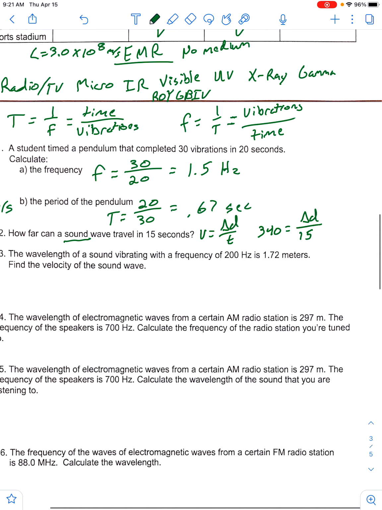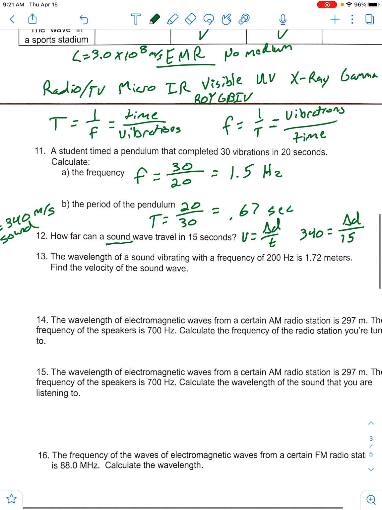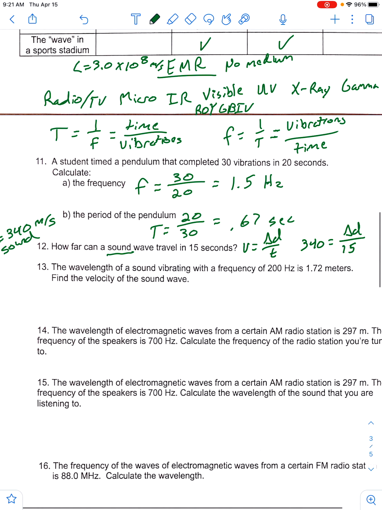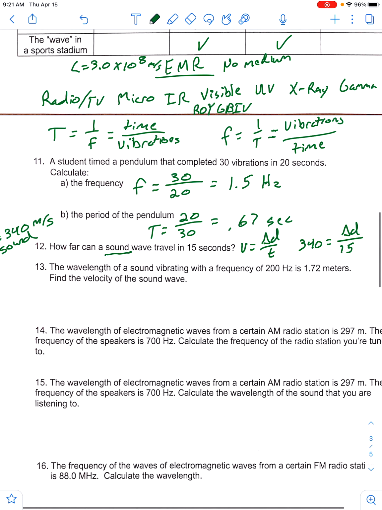What was the equation of that one? Velocity equals displacement over time. Okay. So I have 340 equals displacement over time. All I need to do is get rid of that 15, so I'm going to multiply both sides by 15.